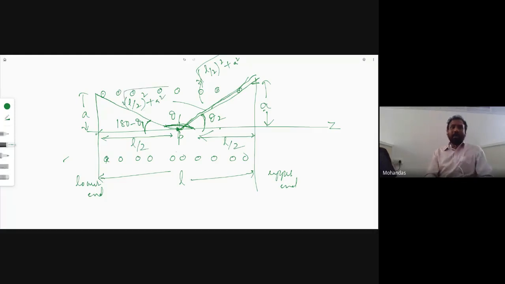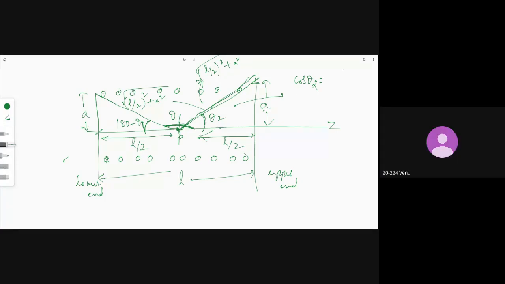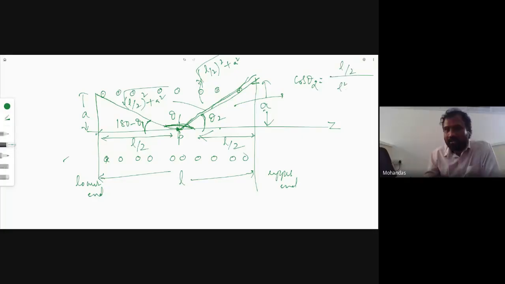Now, tell me, what is cos theta 2 here? From this right angle triangle, cos theta 2 equal to? Menu? L by 2 by the hypotenuse, the square root of L square by 4 plus A square. Very good.